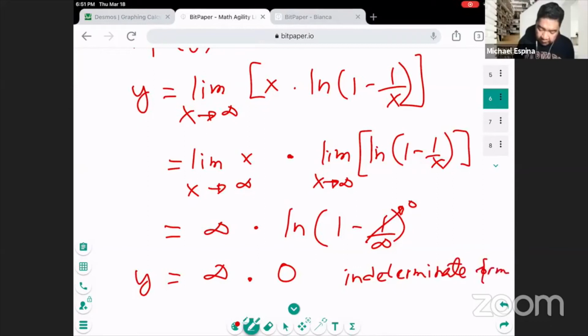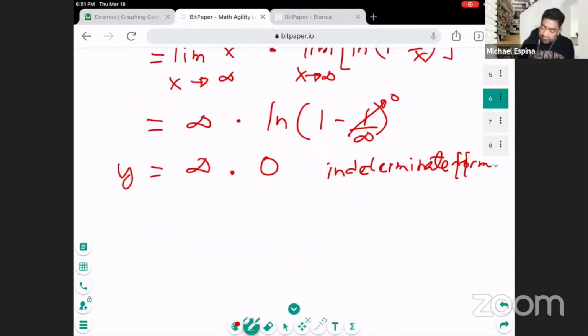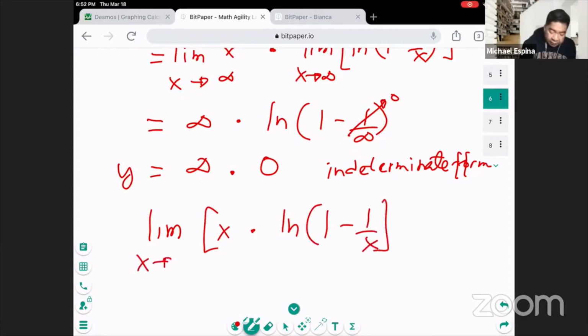If we get an indeterminate form of a limit, we can use L'Hopital's rule. So the limit of x times ln of (1 minus 1 over x) as x approaches infinity. Since we get this indeterminate form, we can manipulate this equation again to make sure we will not get another indeterminate form.